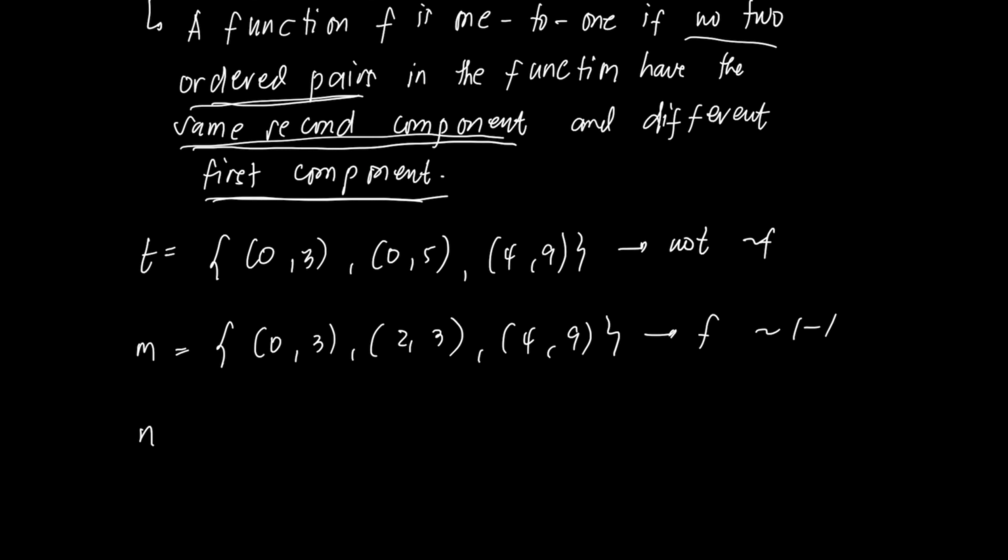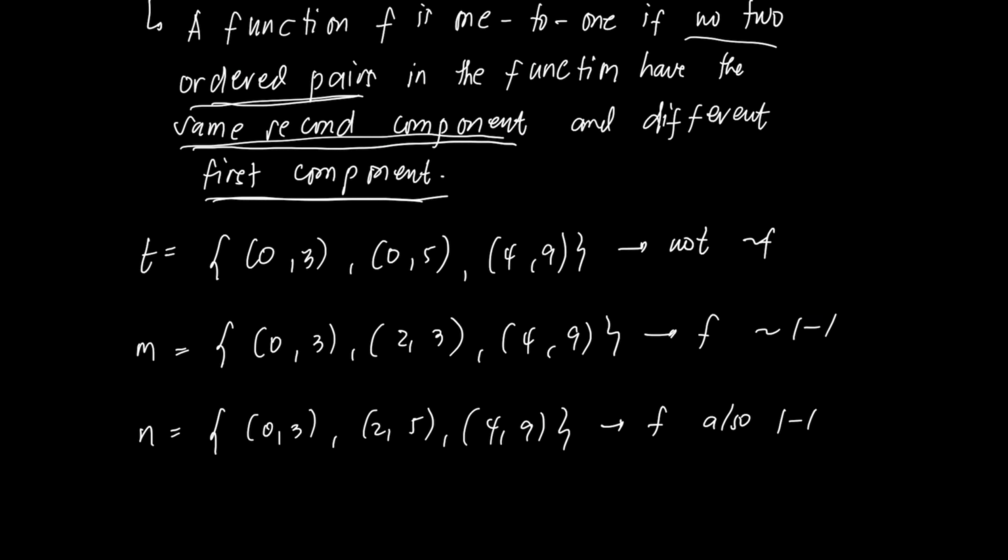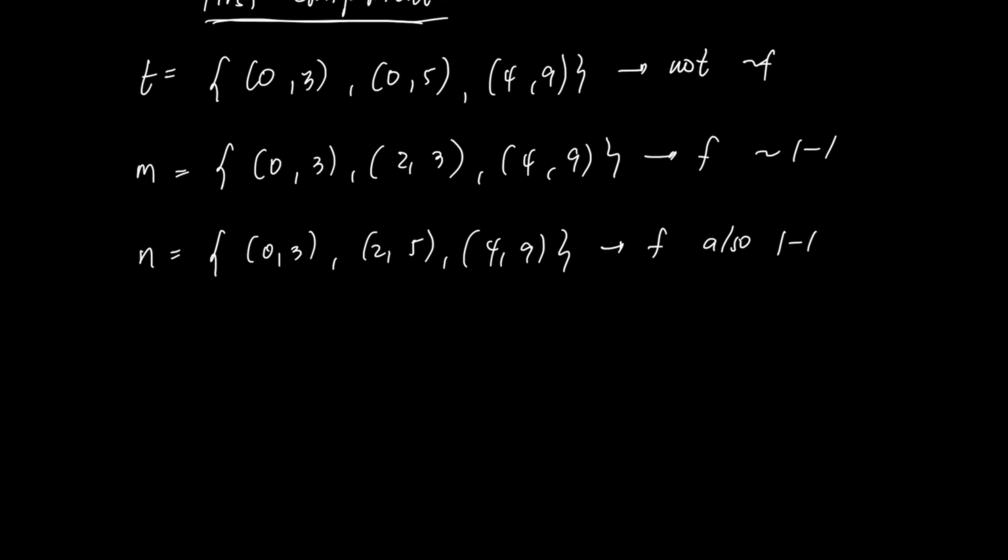Now let's have another set of ordered pairs, which is (0, 3), (2, 5), (4, 9). This one here is a function, and at the same time is also a one-to-one function. 0 is mapped to 3, 2 is mapped to 5, and 4 is mapped to 9.